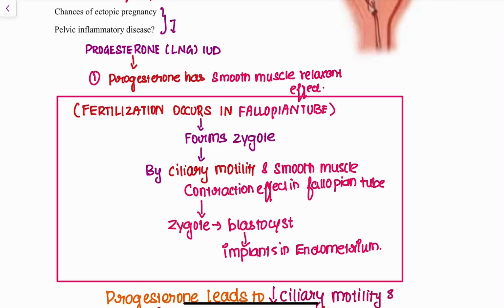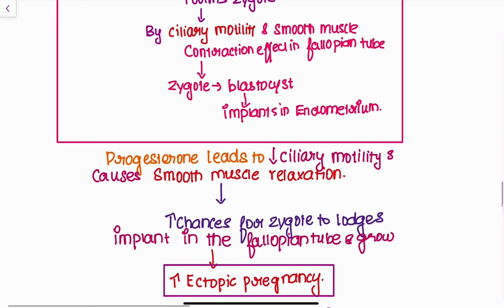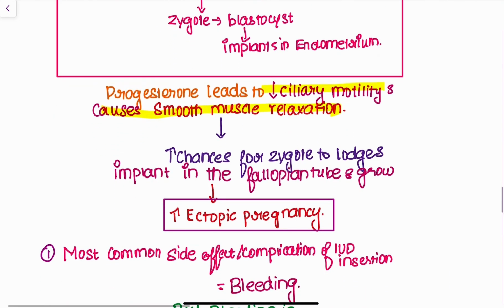So the chances of ectopic pregnancy with the IUD Mirena are increased when compared to the copper T. The third generation IUD, which is the progesterone containing IUD, has a higher risk of ectopic pregnancy when compared to the copper T. Is that clear? Yes, as you can see here, I have mentioned progesterone is going to decrease the ciliary motility and cause smooth muscle relaxation. So there are increased chances for the zygote to lodge and implant in the fallopian tube itself and grow there.